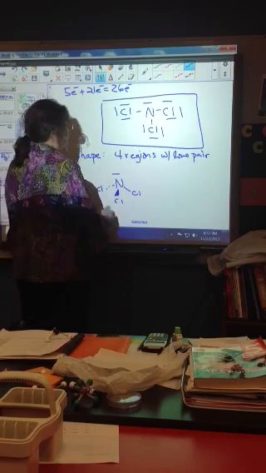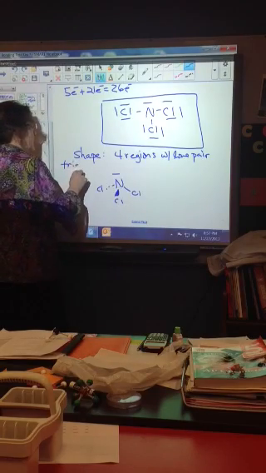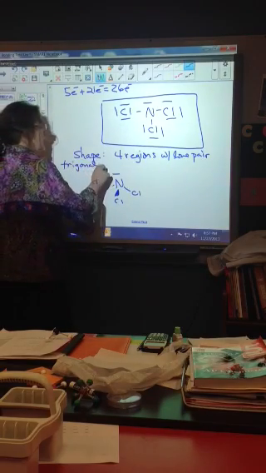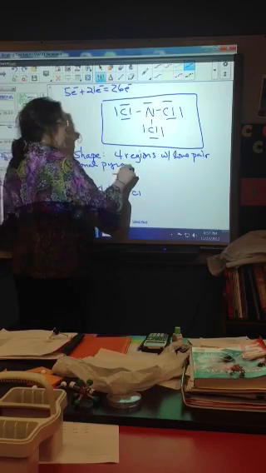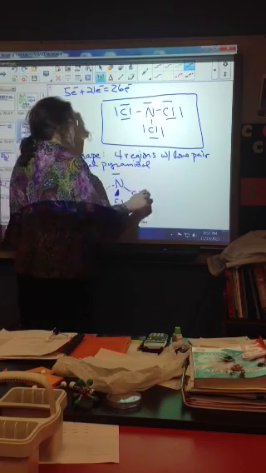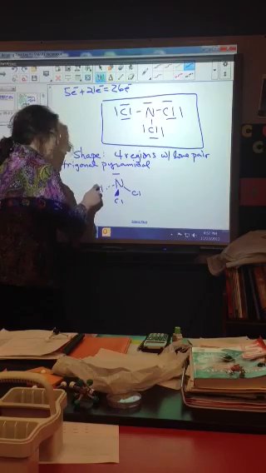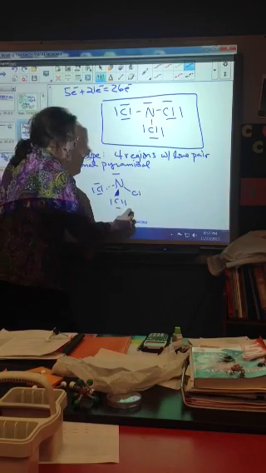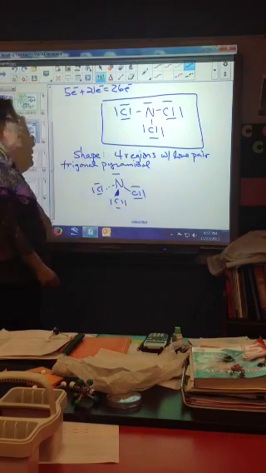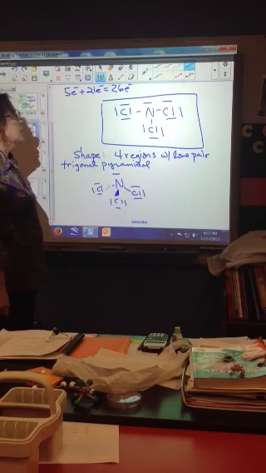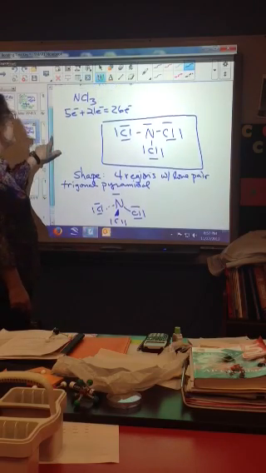So it's trigonal pyramidal. That's the shape. Completing the octets. Okay, so there's your shape, the 3-dimensional shape.